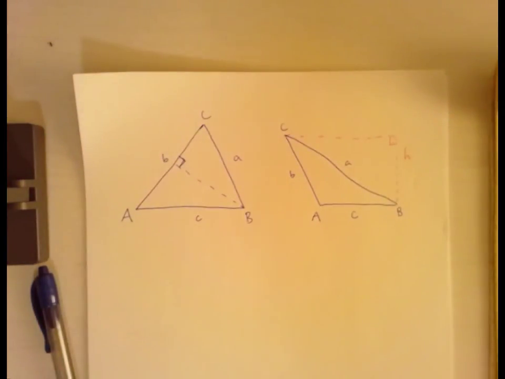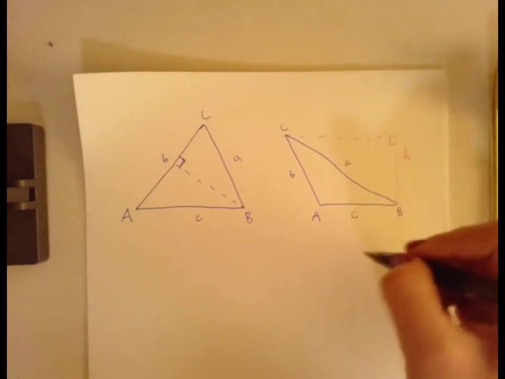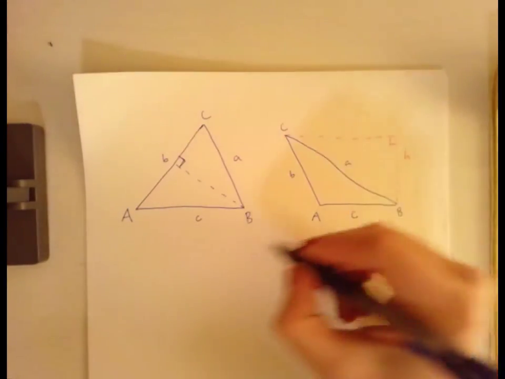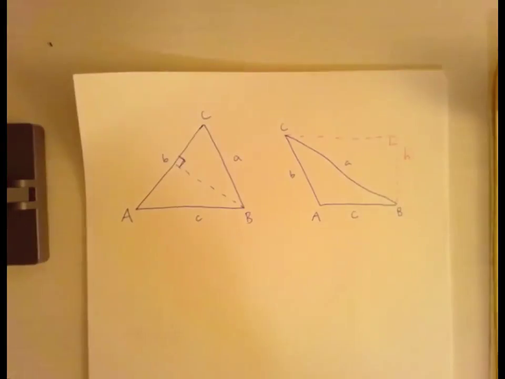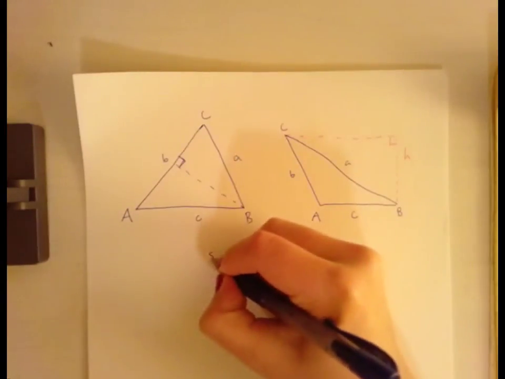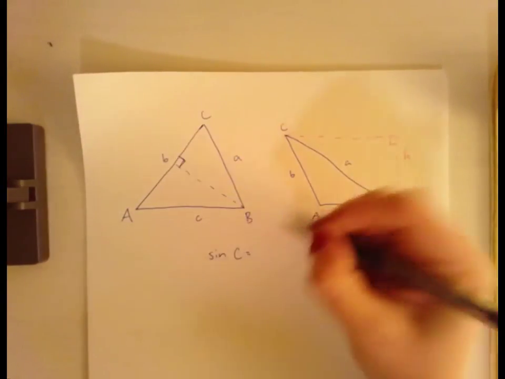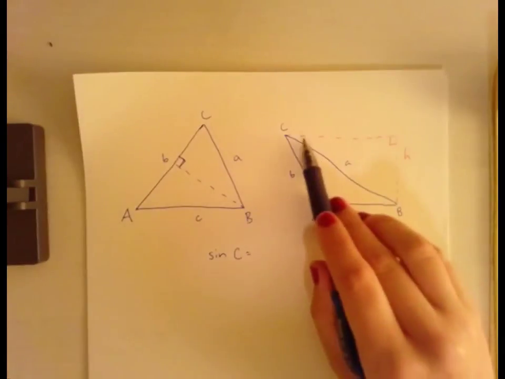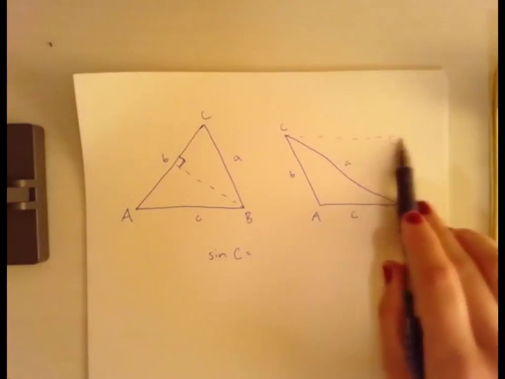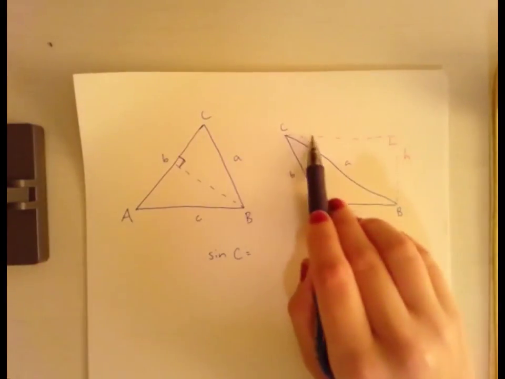And now what I can conclude from both of these is what sine of angle C is. When I look at both of these triangles, here's angle C in this right triangle I've created.